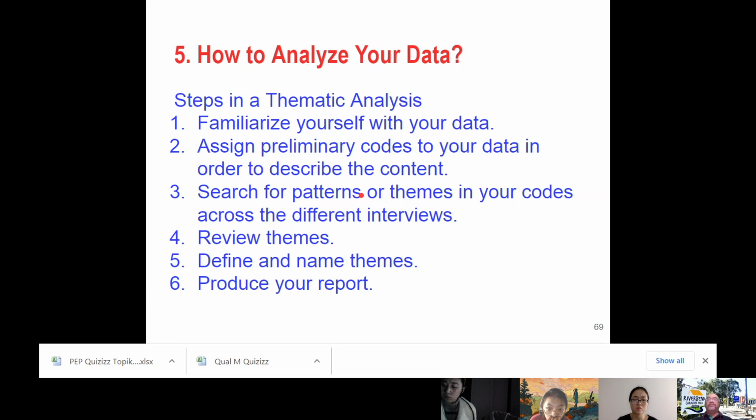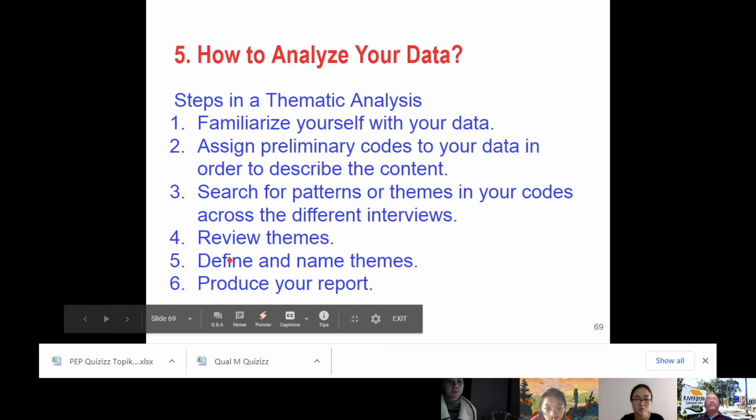And after that, you can compare one person you have interviewed with the other person. You have interviewed both of them, but you have to make a comparison whether they have similar or different patterns.